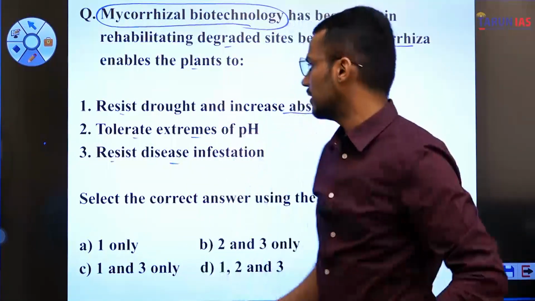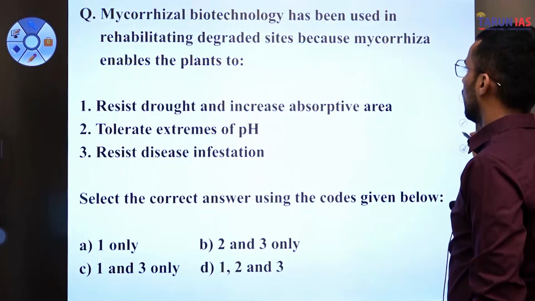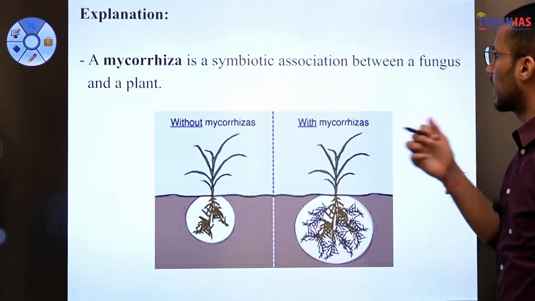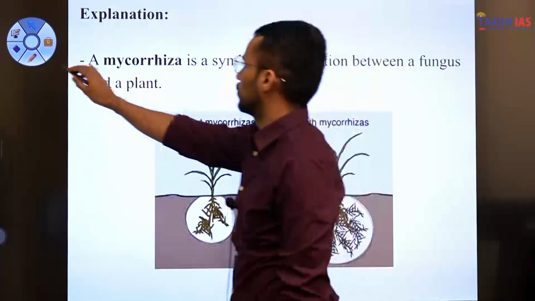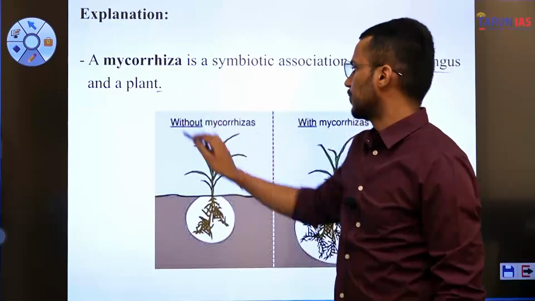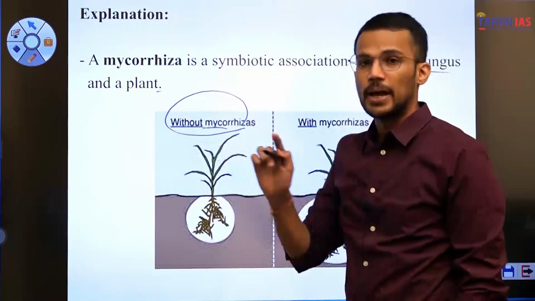Fine. So let me show you the diagram of mycorrhizal association. So this is the mycorrhiza. Mycorrhiza is a symbiotic association between fungus and plant. So this part of the diagram is without mycorrhizae.